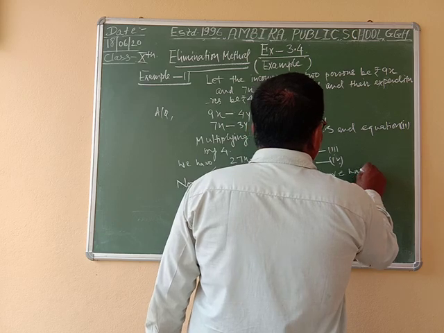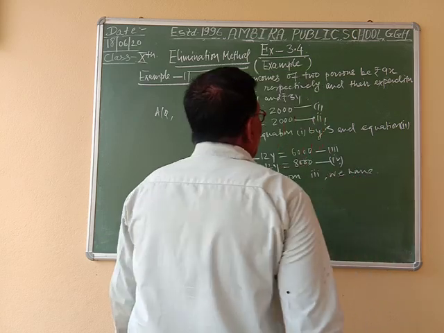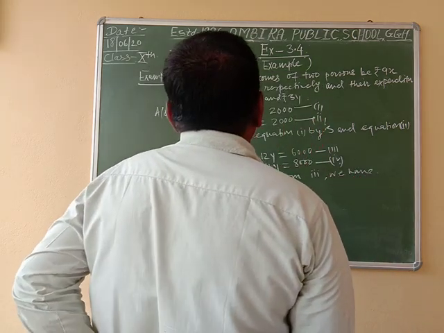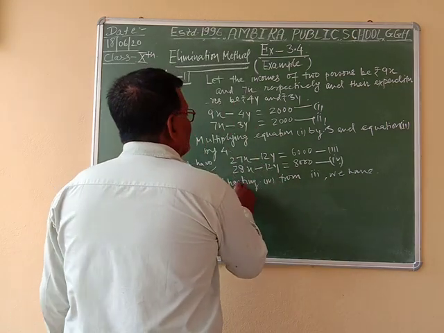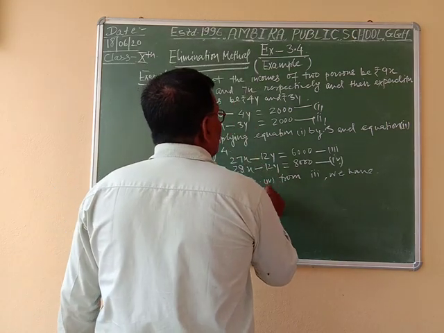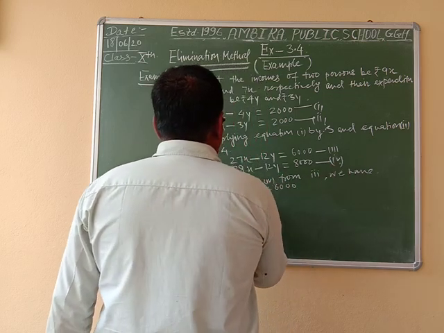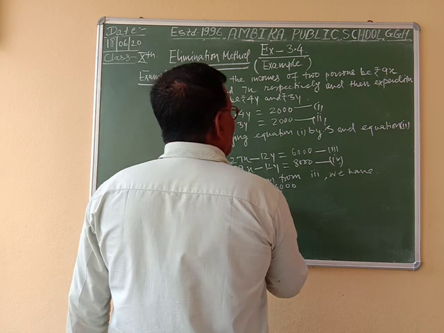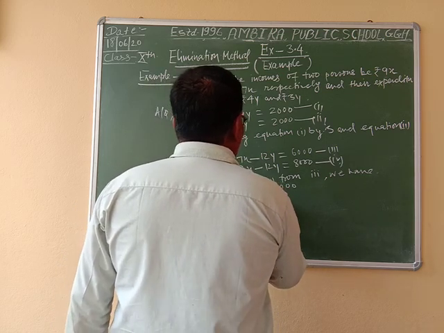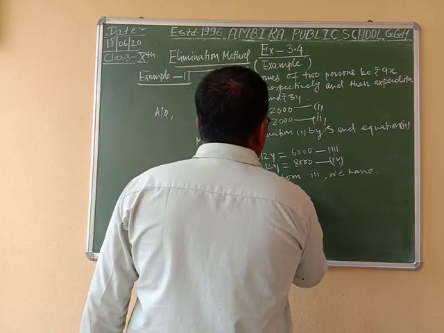We have 27x minus 12y is equal to 6,000, and 28x minus 12y is equal to 8,000.